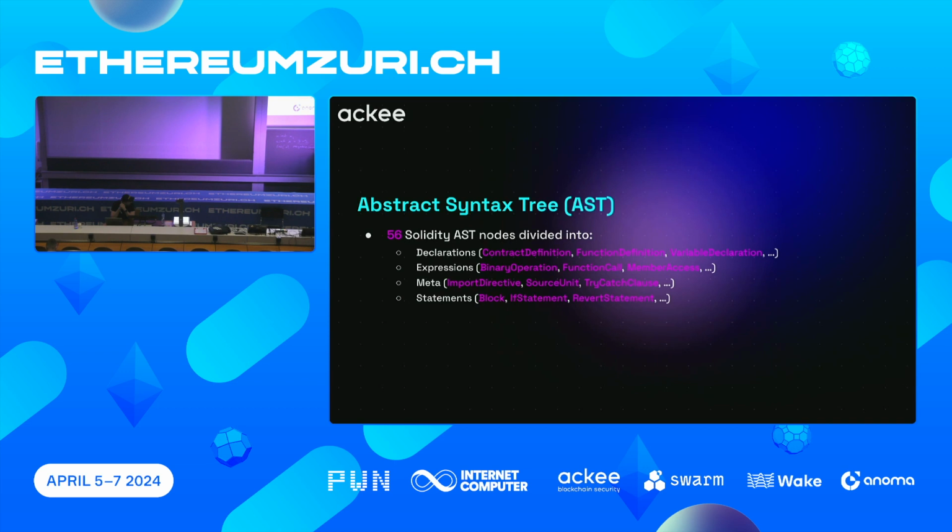Statement. So there may be more statements, and in those statements, there will be expressions. So the structure is that there's the source unit, there are some declarations, inside functions and modifiers there are statements, and inside statements there may be expressions.